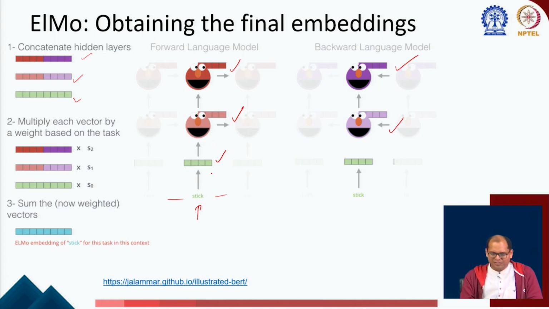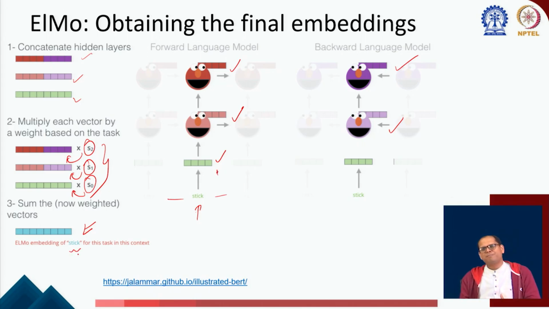Let's say S0 is the weight given to the word embedding, S1 to the first hidden layer, S2 to the second hidden layer. So I can use a weighted average of the 3 layers, and this becomes my embedding of the word. This is what captures the entire knowledge that I have learned. So it is not a simple word embedding. This is a contextual embedding that is learned over the entire data.